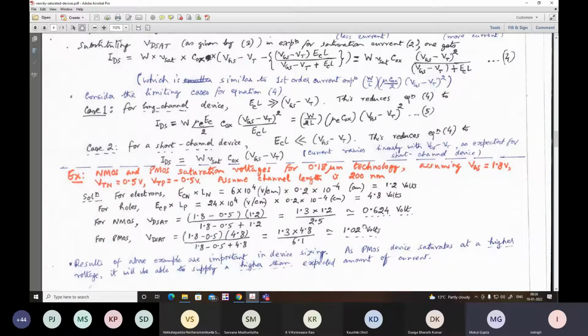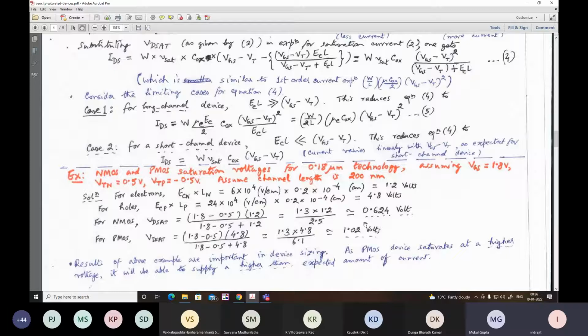Now, the fact that the drain to source saturation voltage happens to be larger for PMOS transistor, we can expect that the climbing continues for longer time for holes. So that means overall, the current expected from PMOS transistor will be somewhat more compared to that from the NMOS transistor.